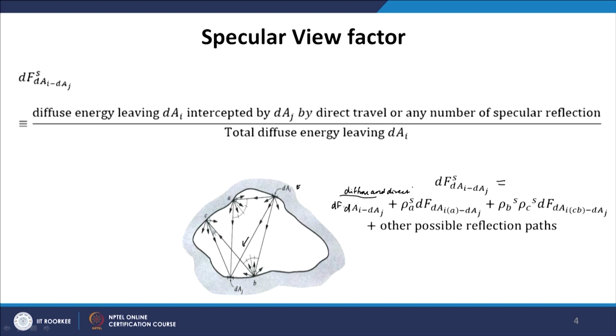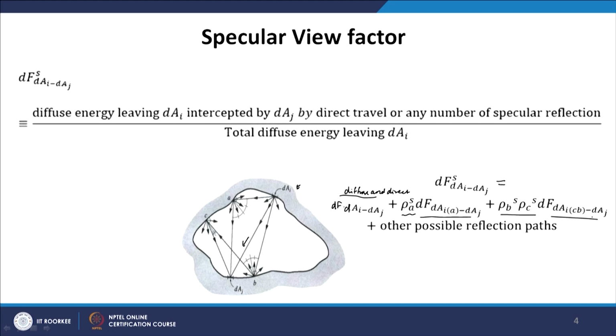We also have a contribution from reflection. So, we write the specular reflectance rho for the radiation coming from A after reflection from A, and then the view factor dF dAi A dAj. I will explain the term dF dAi A dAj. And then double reflection from B and C, and similarly the view factor.